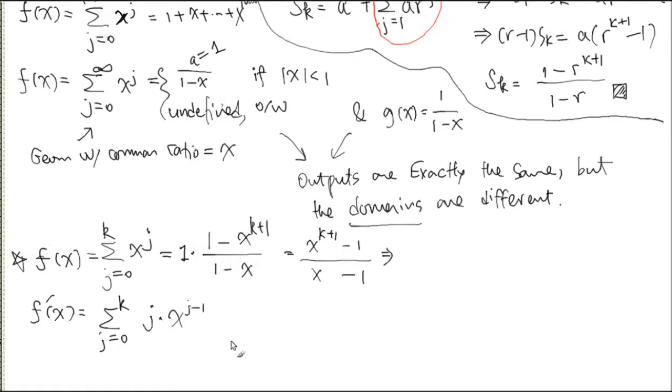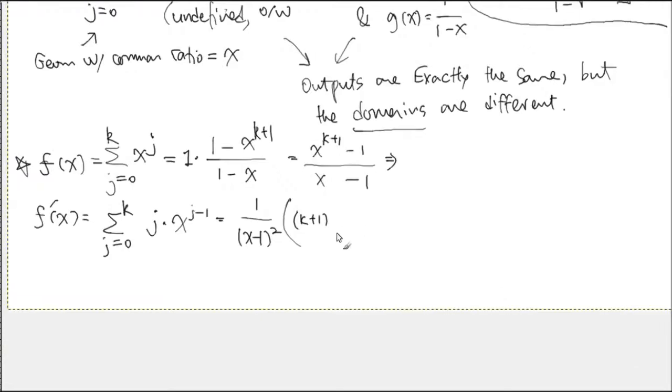That's how things are differentiated, right? And on the right, the quotient rule goes like this: x minus 1 squared in the denominator, the derivative of the numerator is k plus 1 times x to the k, multiplied by the denominator, minus the numerator times the derivative of the denominator, which is 1.